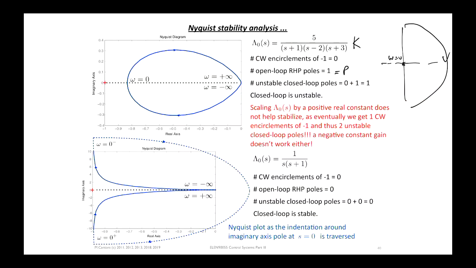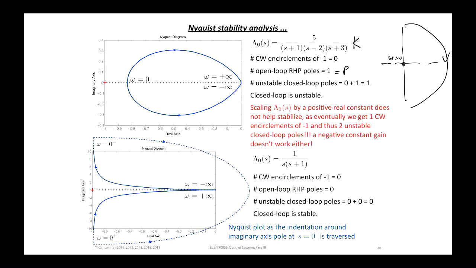No matter how big that negative number is in magnitude, it still won't help us encircle the critical point. Because we have an open loop unstable pole, we need an anti-clockwise encirclement of the critical point to achieve closed loop stability.